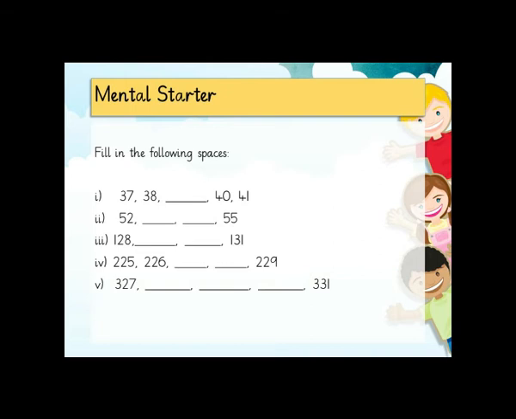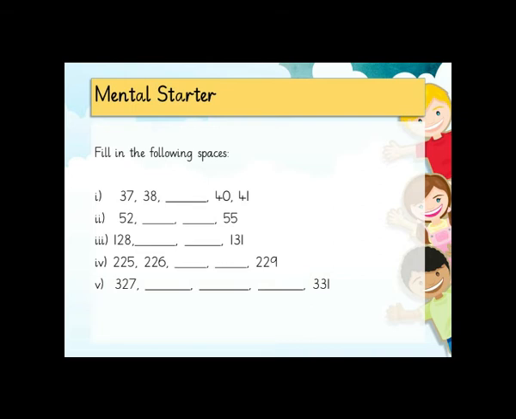Come up with your answers starting from question number 1. 37, 38, 39, then 40, 41. For number 2, 52, 53, 54 and then 55. For 3, this is 128 first and after that comes 129, 130, yes 131.